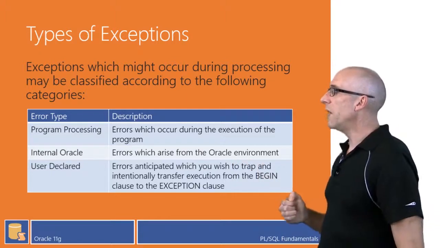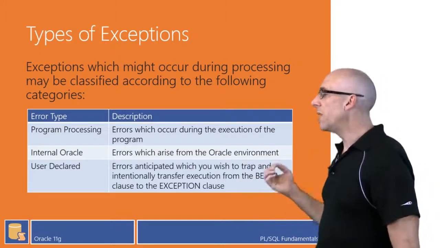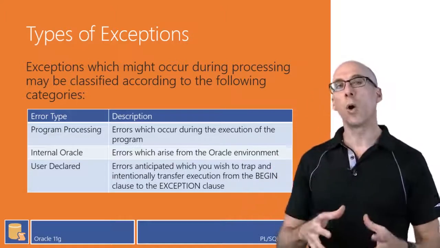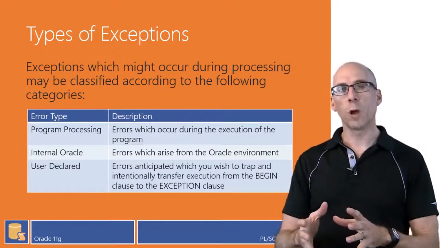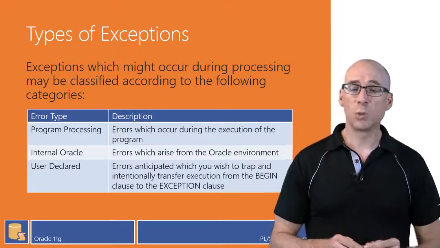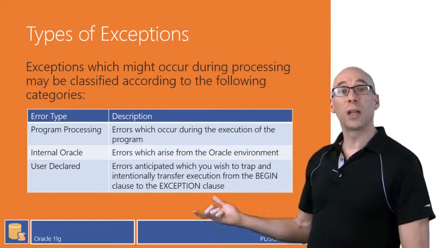The other option we have is an internal Oracle error. So this is an error that comes from the Oracle environment. Now these are a little bit more difficult to work with, but the exception clause will stop this as well. And then finally, we have our user declared.